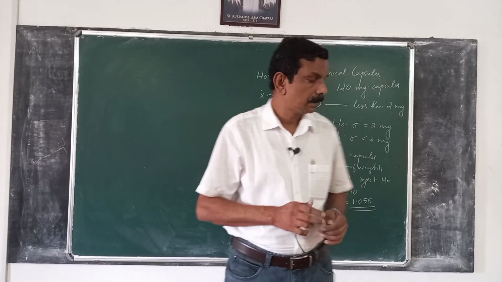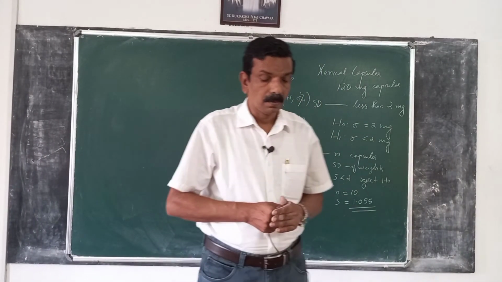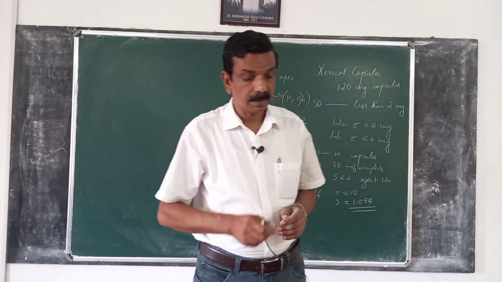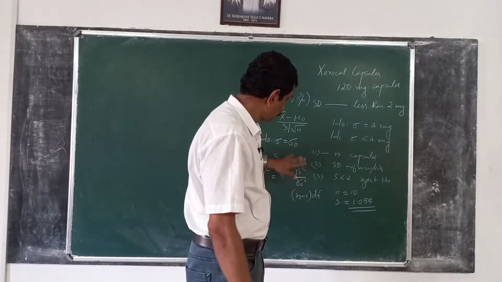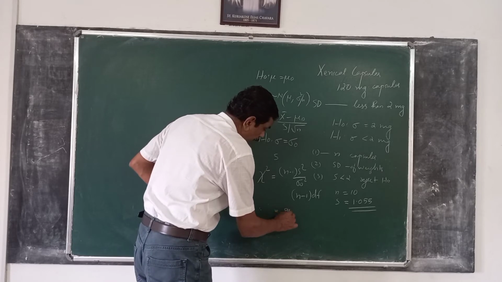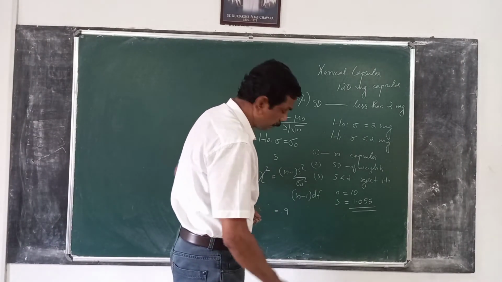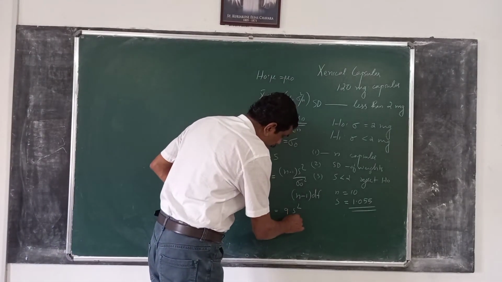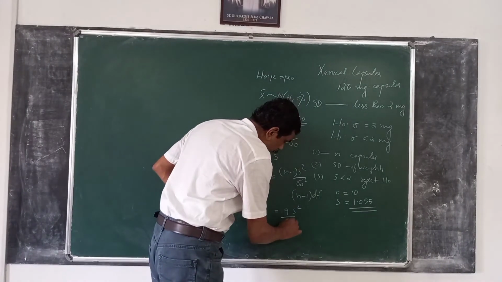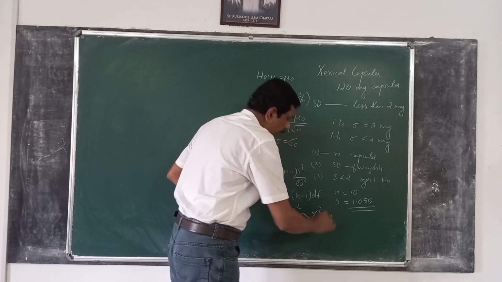Now, in the example of conical capsules, what is chi-square? n minus 1 into s square by sigma square is equal to 9 into s square by sigma square, which is 2 square, for chi-square with n minus 1 degrees of freedom.